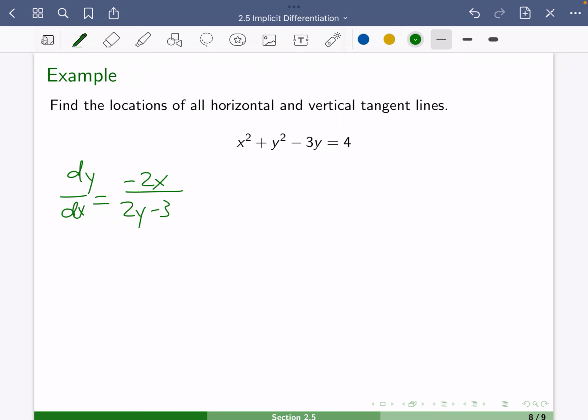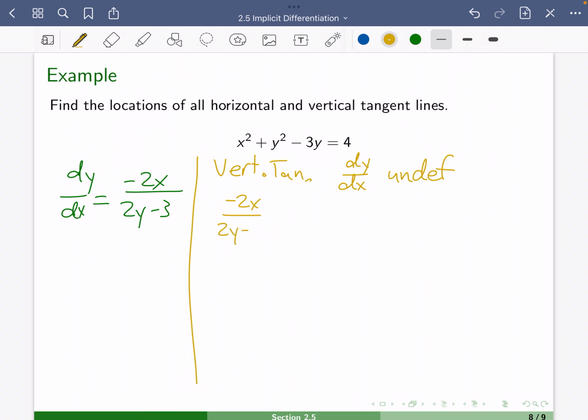For our vertical tangents, we need dy/dx to be undefined. So when is this negative 2x over 2y minus 3 undefined? It's going to be undefined if we get a 0 in the denominator.